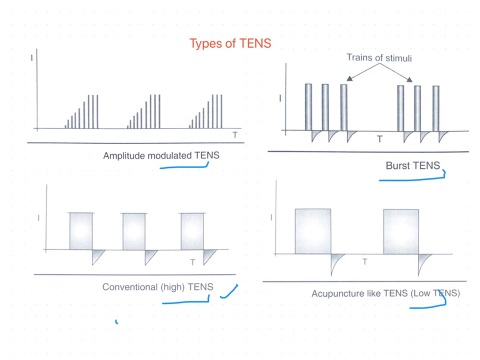The aim of this application is to activate selectively large diameter fibers, that is A beta fibers, without activating the small diameter A delta and C fiber efferents. It is effective in modulating acute pain.